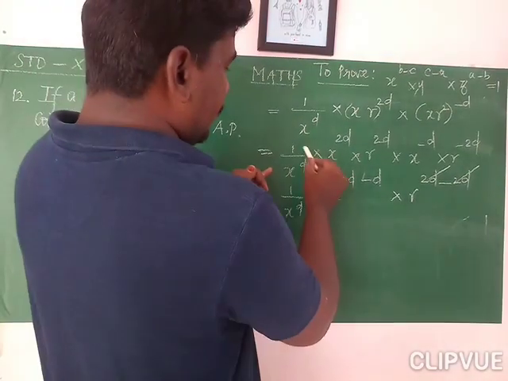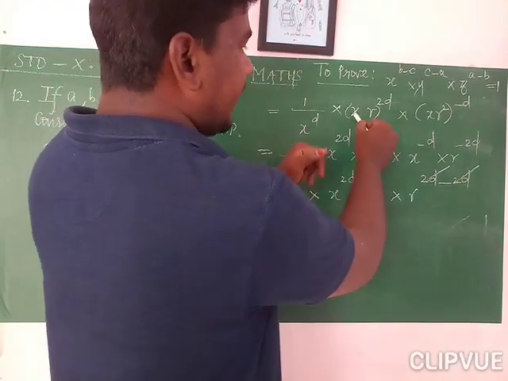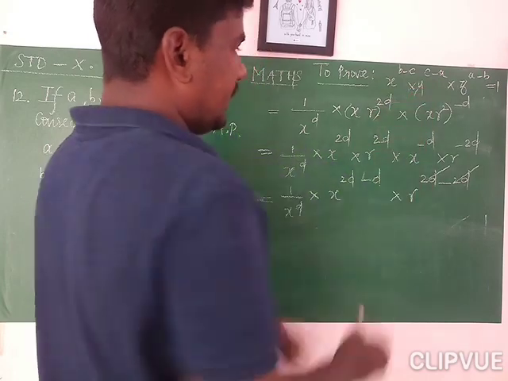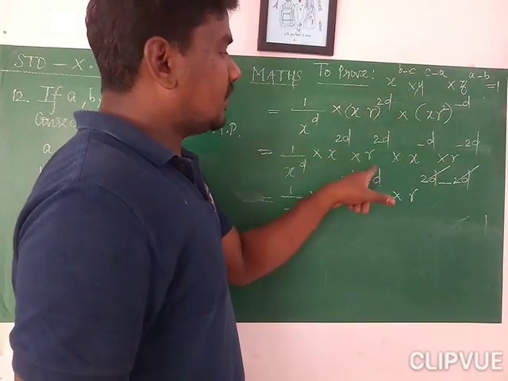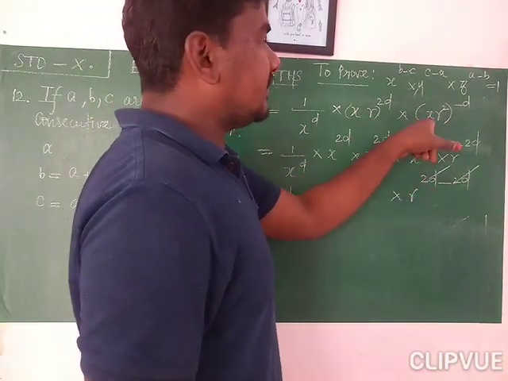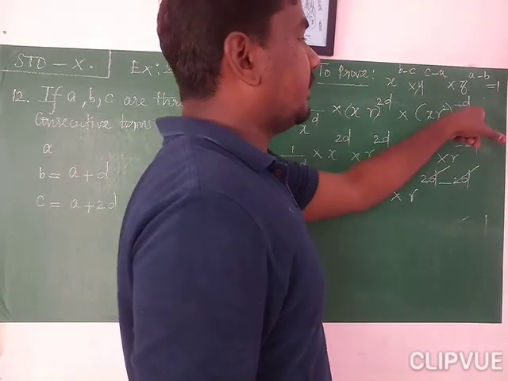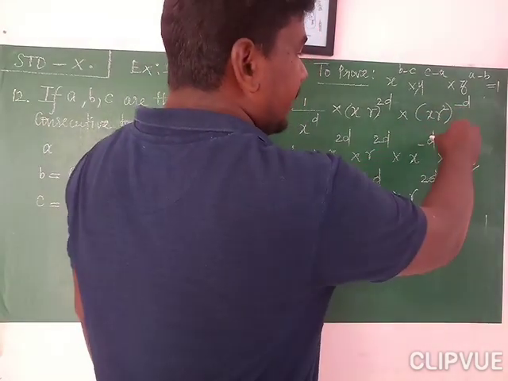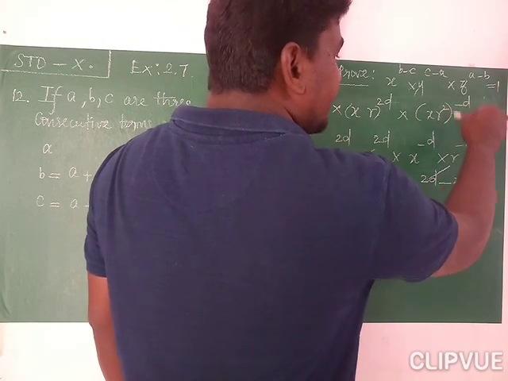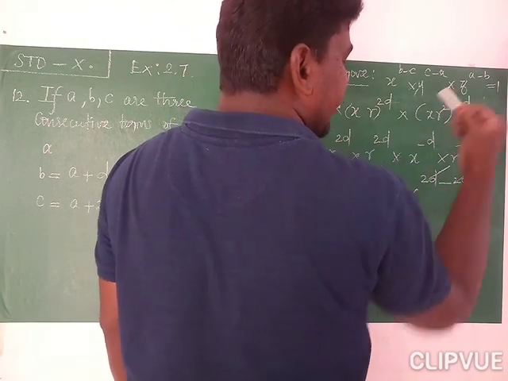Listen again. 1 by X power D into X into R whole power 2D is X power 2D into R power 2D, into X R square whole power minus D, which is X power minus D into R power minus 2D.